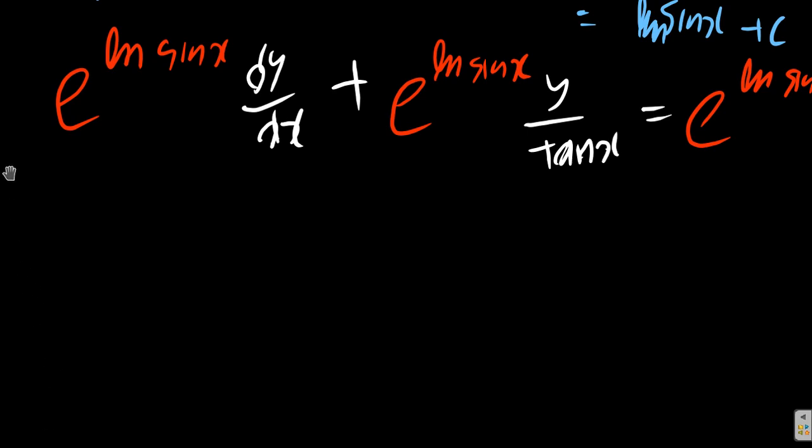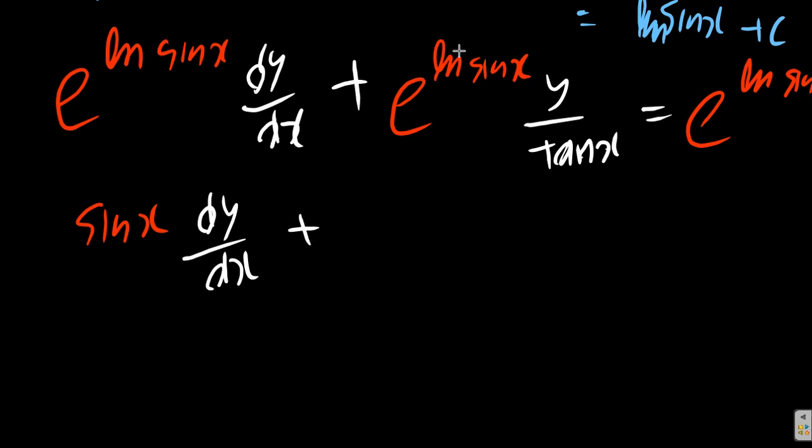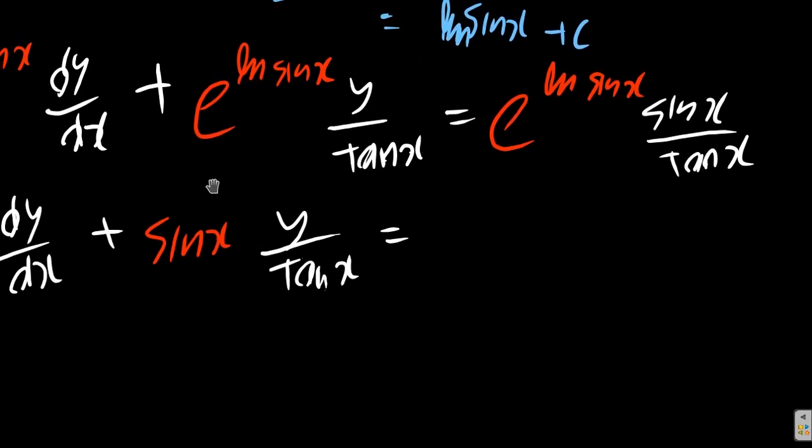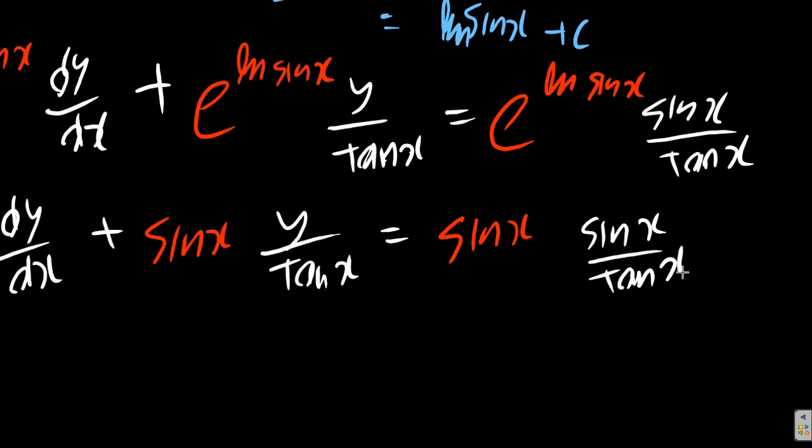So therefore, what you have here is sin x times dy by dx plus sin x times y divided by tan x is equal to sin x times sin x over tan x.